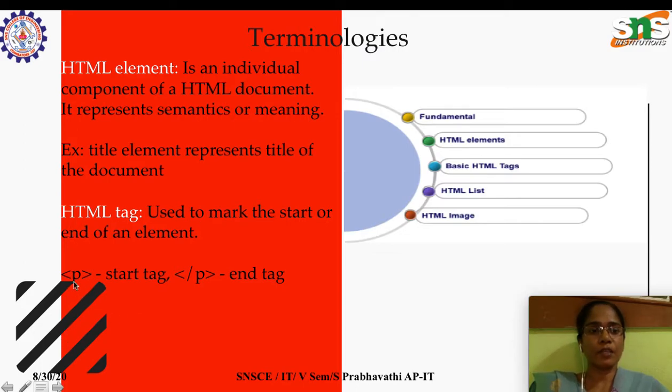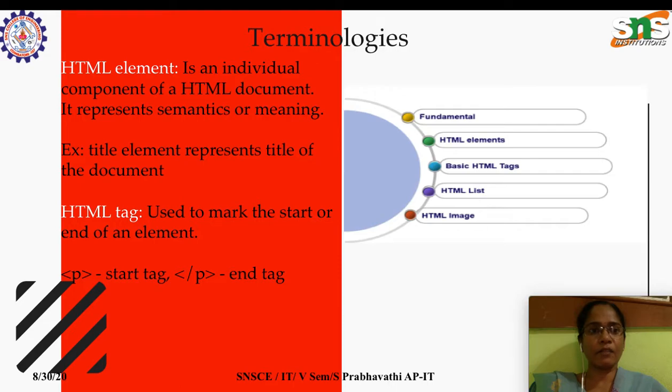Here P stands for paragraph, so it is something meaningful. This HTML element P is a paragraph element, and if it is enclosed by angle brackets, we call it a tag. In the tag we have a start tag and an end tag.